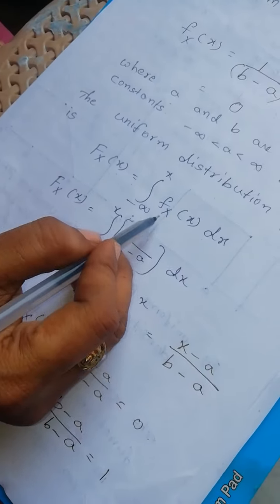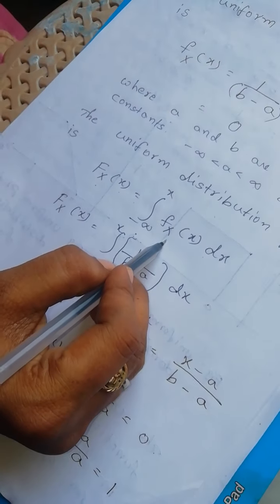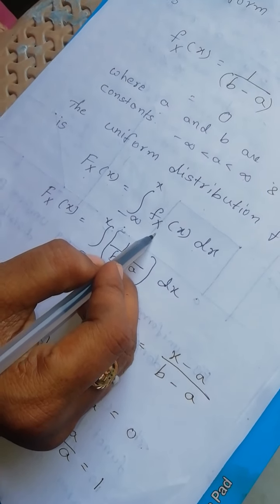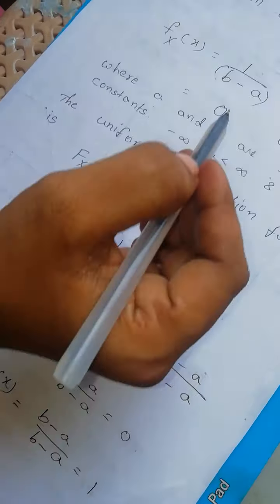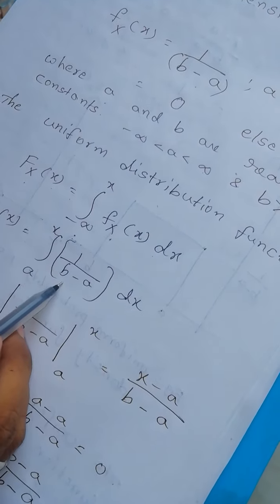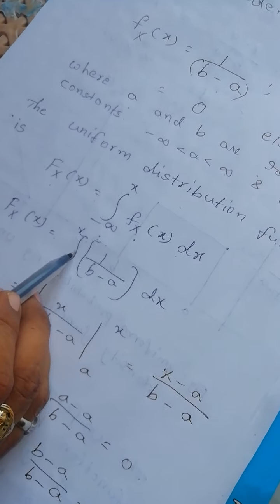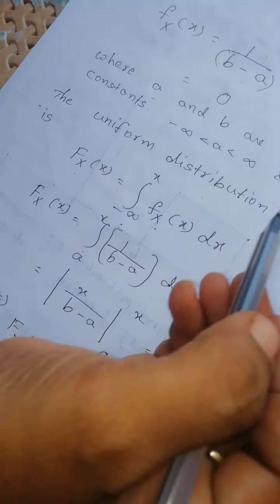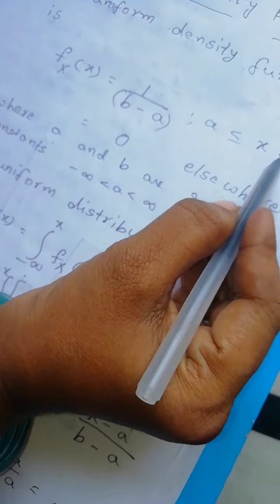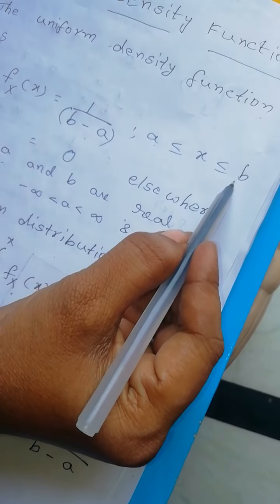This is the relationship between the probability distribution function and the probability density function. Now we substitute the uniform density function here. Capital F(x) of x is equal to the integration. What is the range here? A to b.